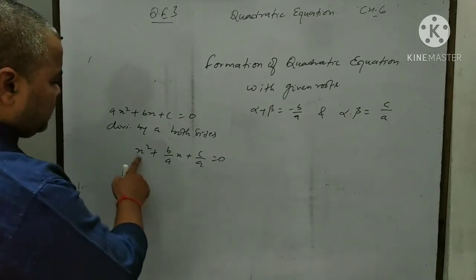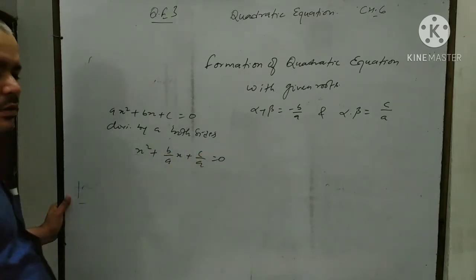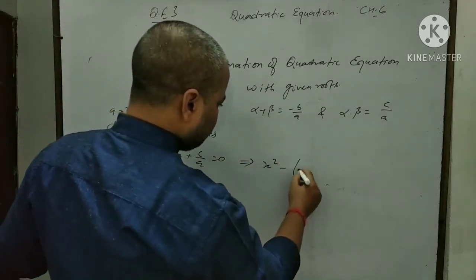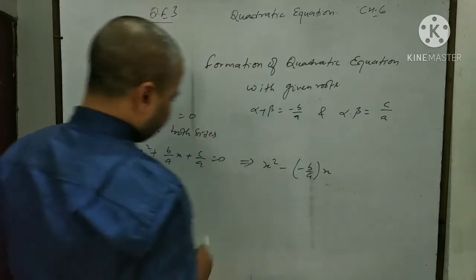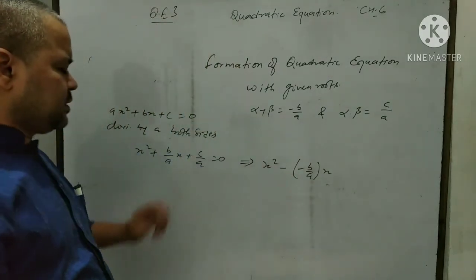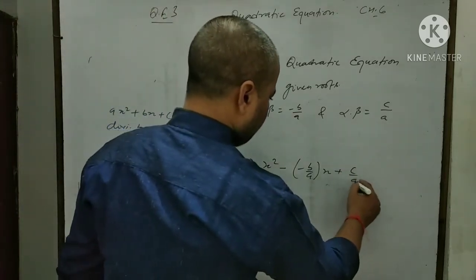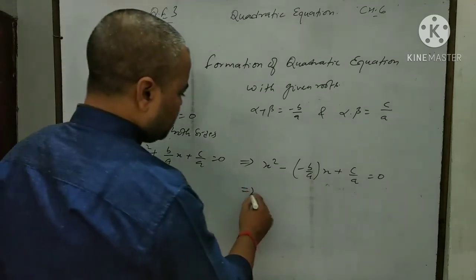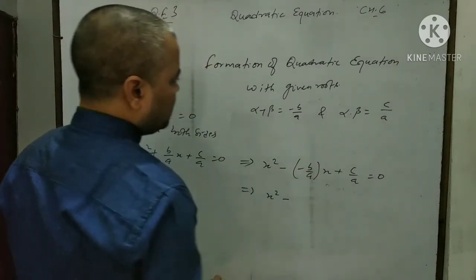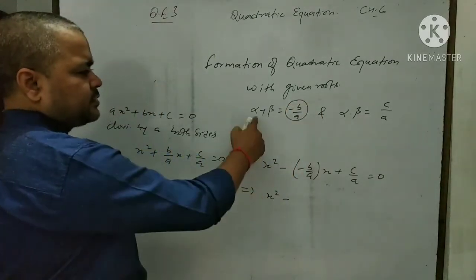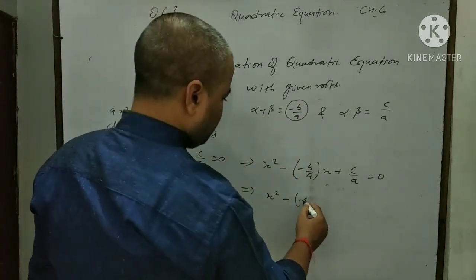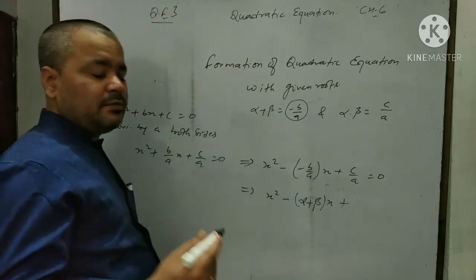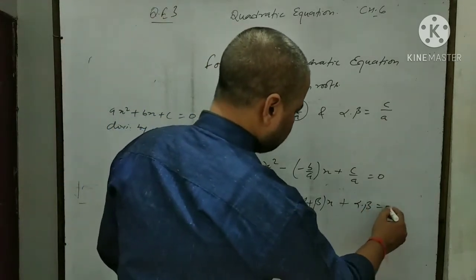And here we can write it like this way: x square minus minus b by a x, because minus of minus will be plus, and plus c by a is equal to 0. Okay, now here x square minus, and what is this? Minus b by a, sum of the roots, means alpha plus beta, x plus c by a means what? Alpha beta is equal to 0.